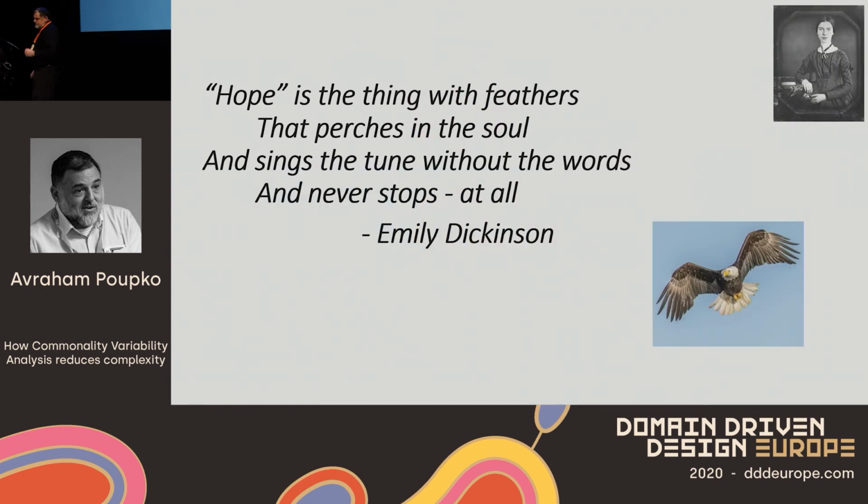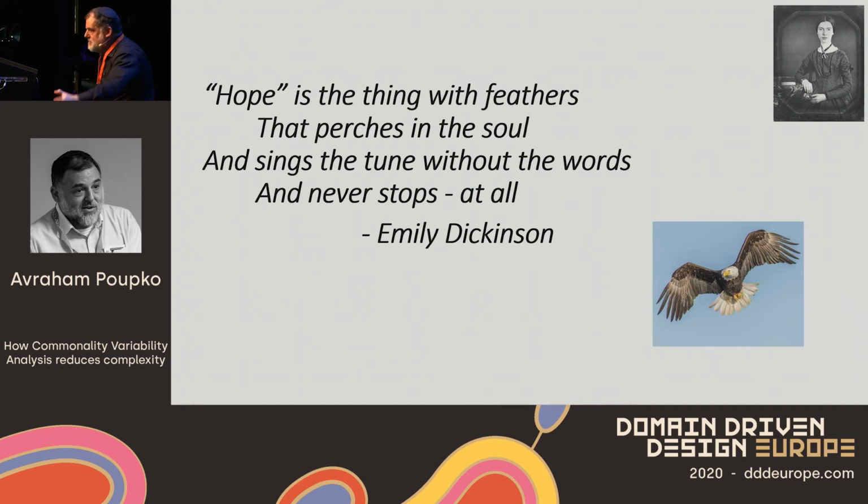And when Emily Dickinson, the great American poet, says, "Hope is the thing with feathers that perches in the soul and sings the tune without the words and never stops at all," there's an assumption here that things with feathers fly. And if you don't have that immediate image, then this poem doesn't do it for you.